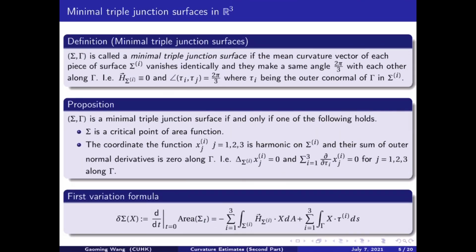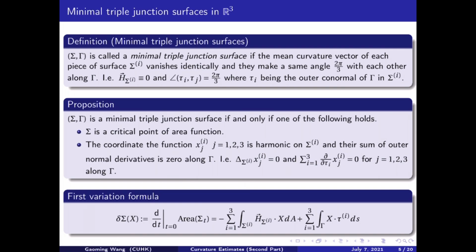Now, let me give the definition of minimal triple junction surfaces in R3. We say Σ_γ is a minimal triple junction surface if the mean curvature vector of each Σ_i vanishes identically for all i, and these three surfaces make the same angle with each other along γ.